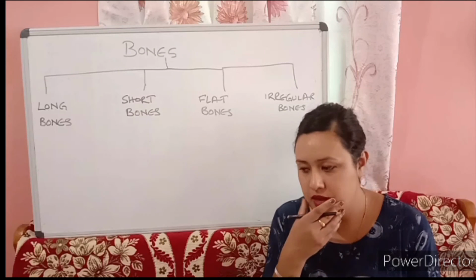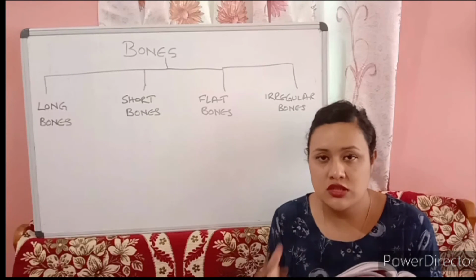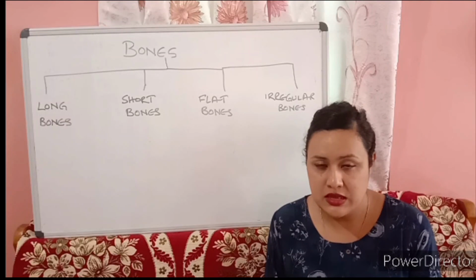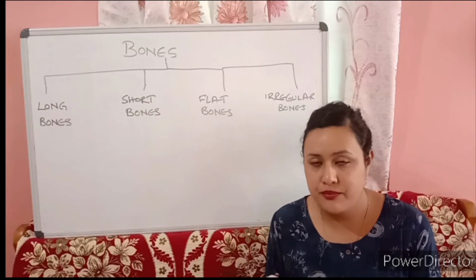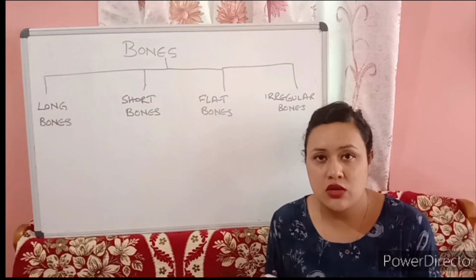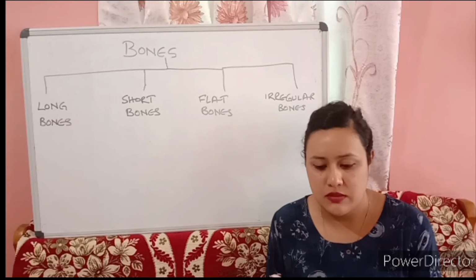The mandible is the jaw bone. So all the bones present there are irregular in shape. They do not have a perfect shape. So these are known as irregular bones.